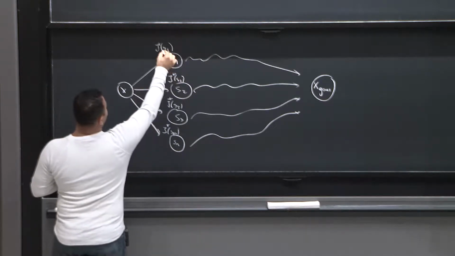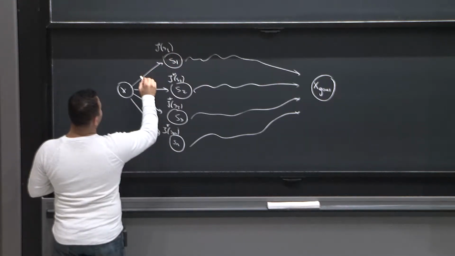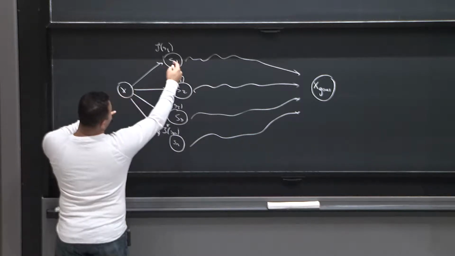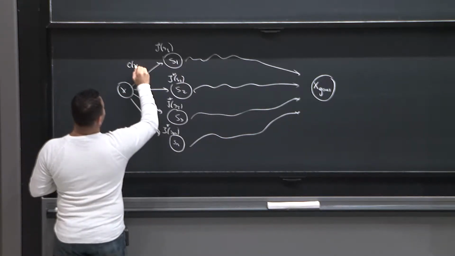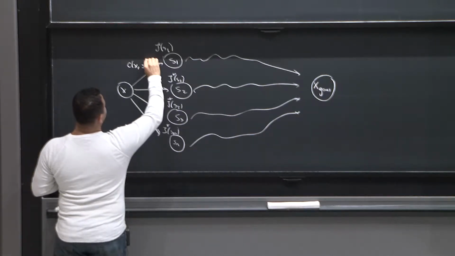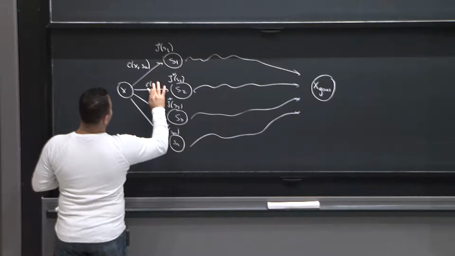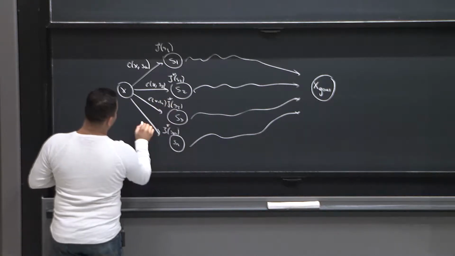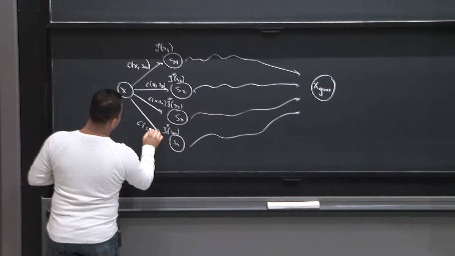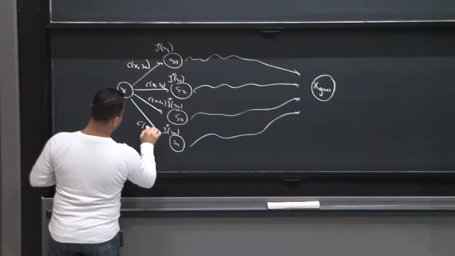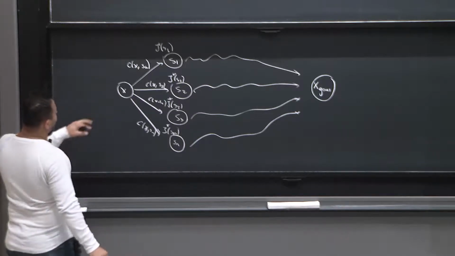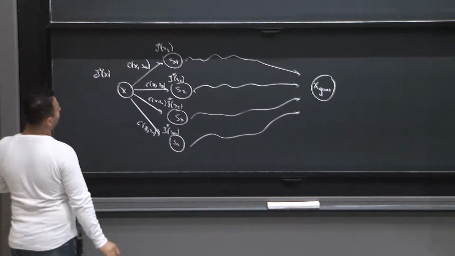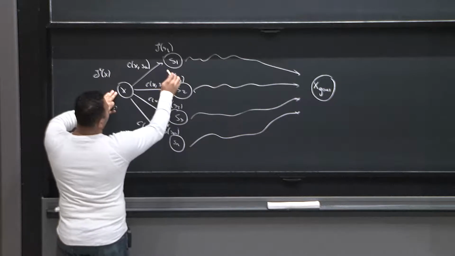Then if you know the optimal cost-to-go for all successor nodes, and you know the transition cost from x to S1, which may be the length of the path, represented by this C. Now the question is, how can we find the optimal cost-to-go for this node?